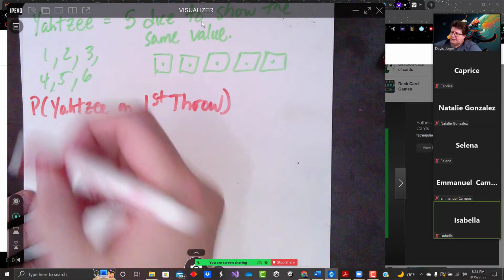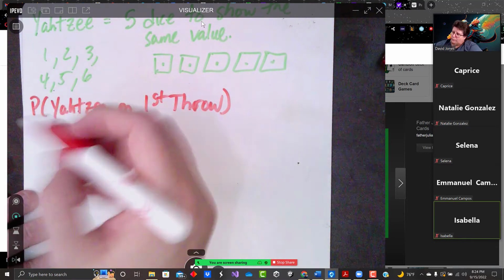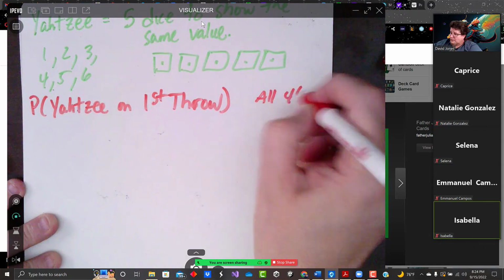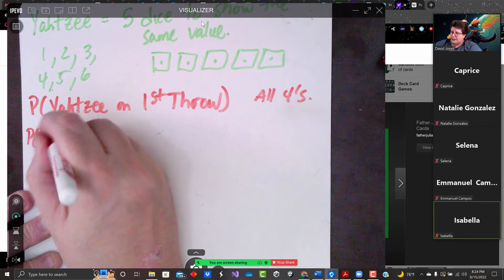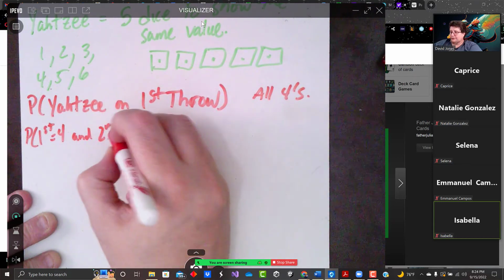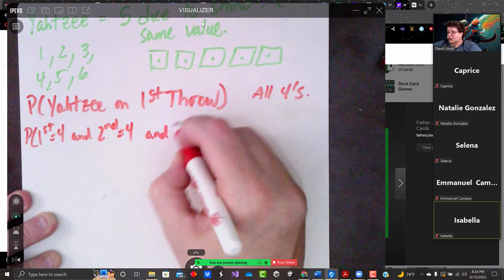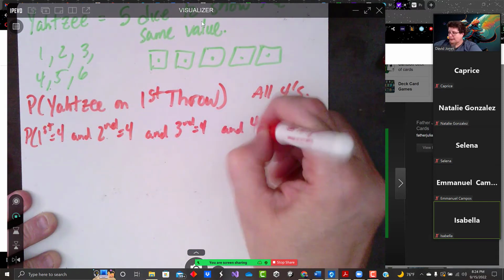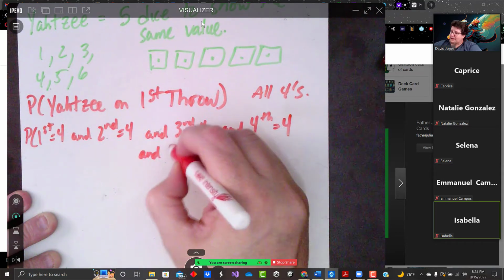So let's pick 6. No, I'm going to pick 4. Let's say they're all 4s. So this is the probability that the first equals a 4 and second equals a 4 and third equals a 4 and fourth equals a 4 and fifth equals a 4.